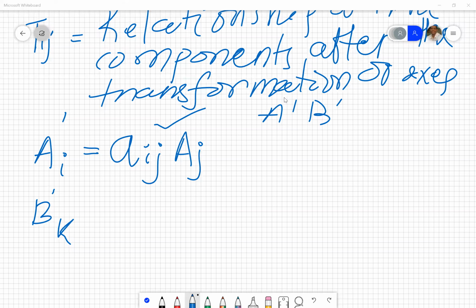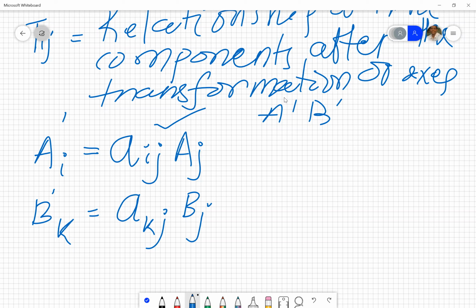So how can you now write that B dash K? Similarly, in the method of writing, the first is the pre-suffix. So you write K first, then the dummy suffix J, then BJ.